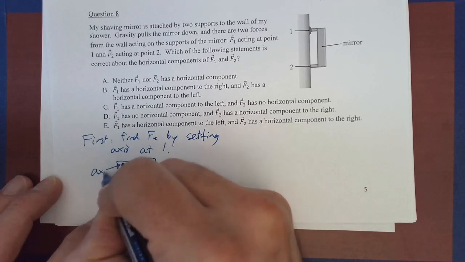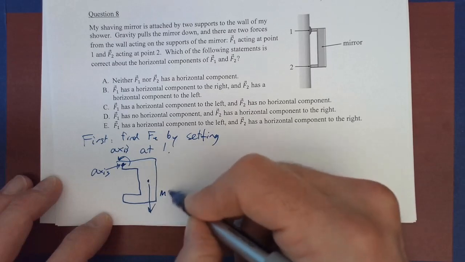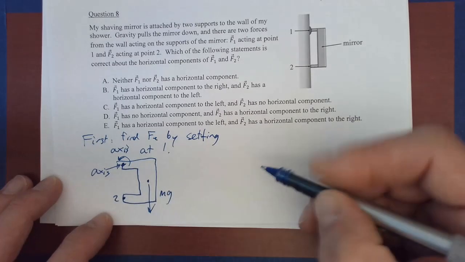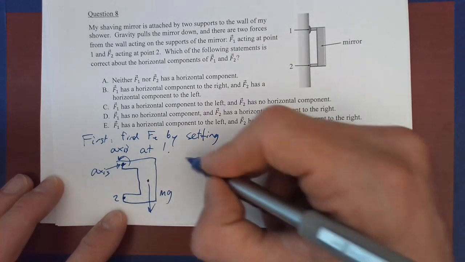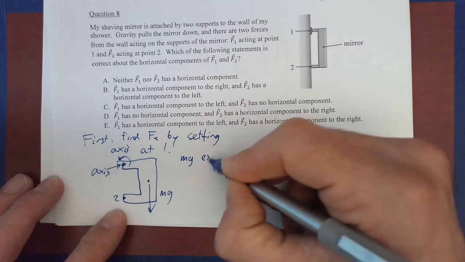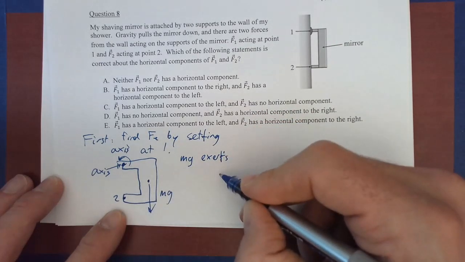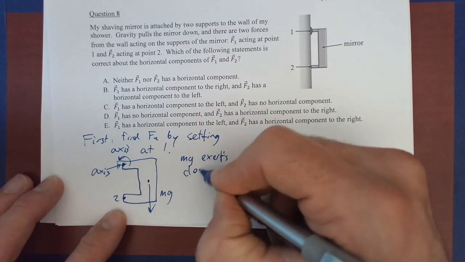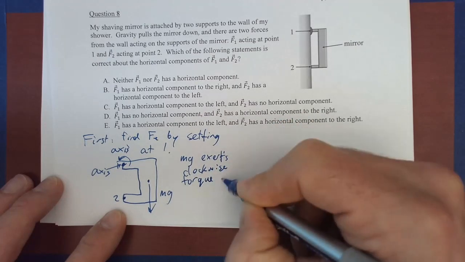This is the axis of rotation. Okay, and here's mg, and here is 2. So what's going to happen is that mg exerts a clockwise torque around 1.